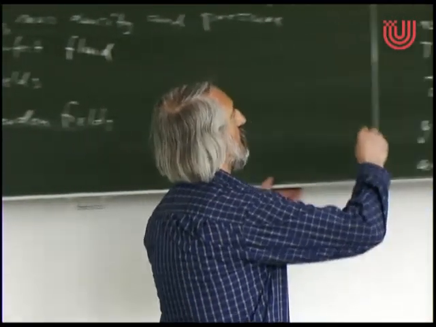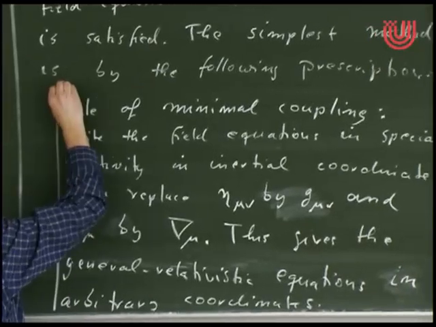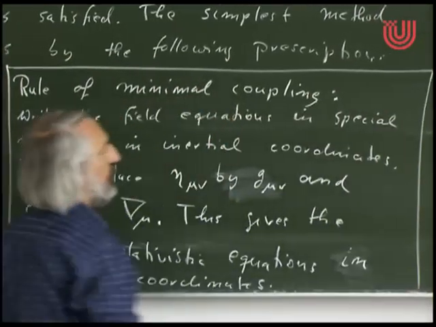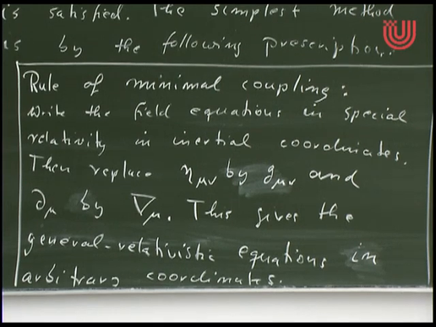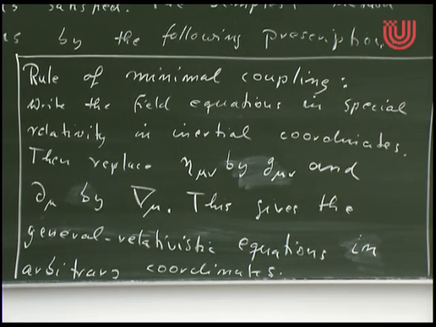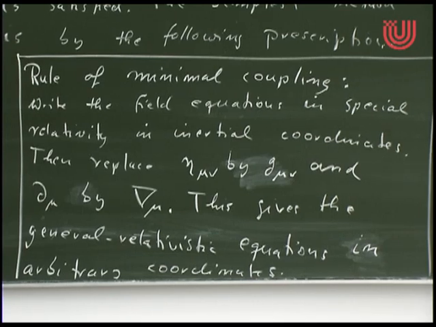So you can do this with every field theory which you have in special relativity. And we will do it in a minute for the electromagnetic field and for a perfect fluid. We will see what sort of equations we get. Obviously, this is compatible with the equivalence principle.